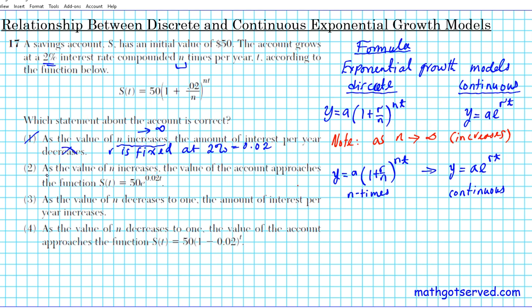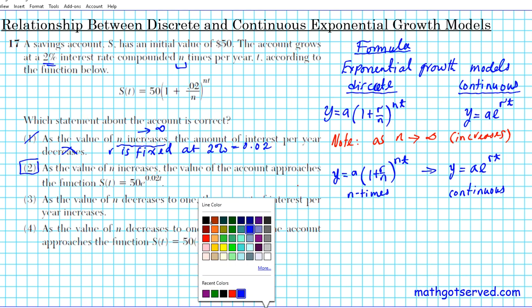Number 2, as the value of n increases, n going to infinity again, the value of the account approaches S of t equals 50 e, oh, we have that natural number e again, raised to the 0.02 t. Ladies and gentlemen, this is the correct answer. How so? Let's take a look at the two models.